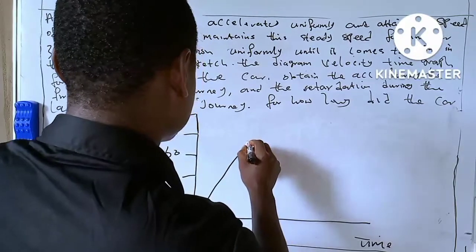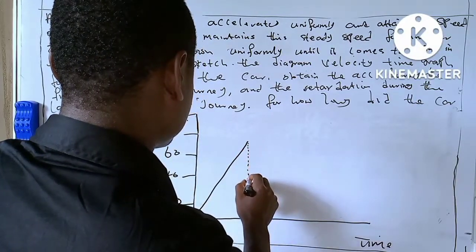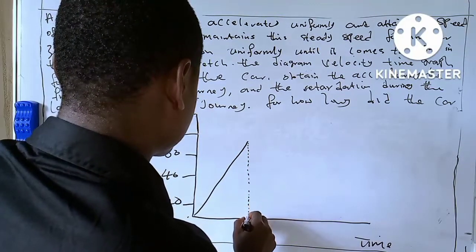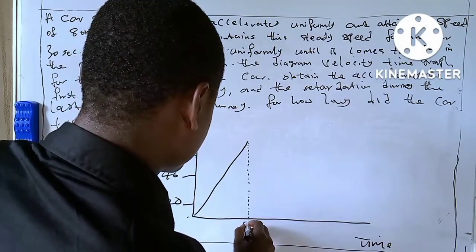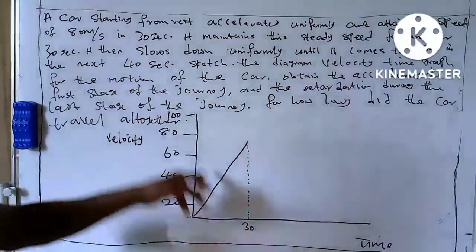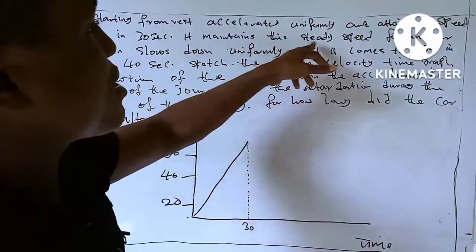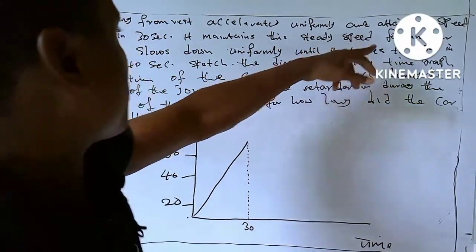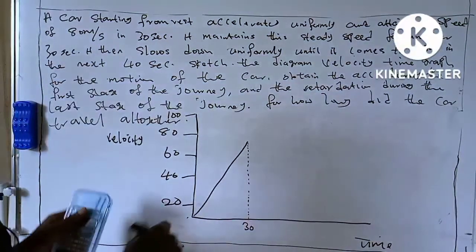I don't know how to draw. 80, 30 seconds. This was first. It maintains this steady speed for another 30 seconds.